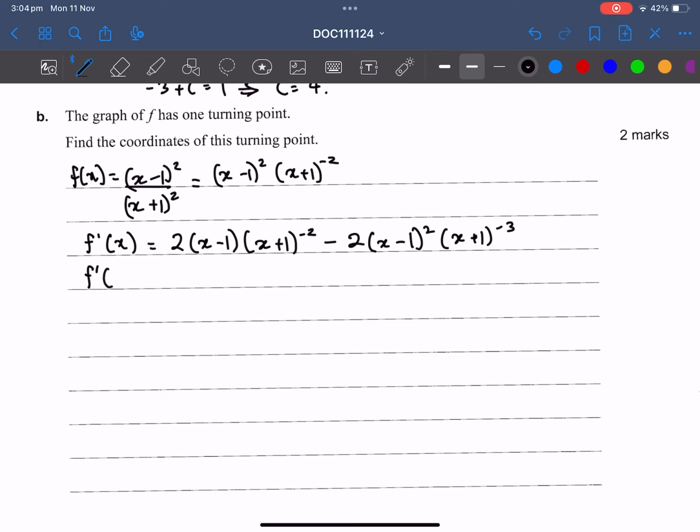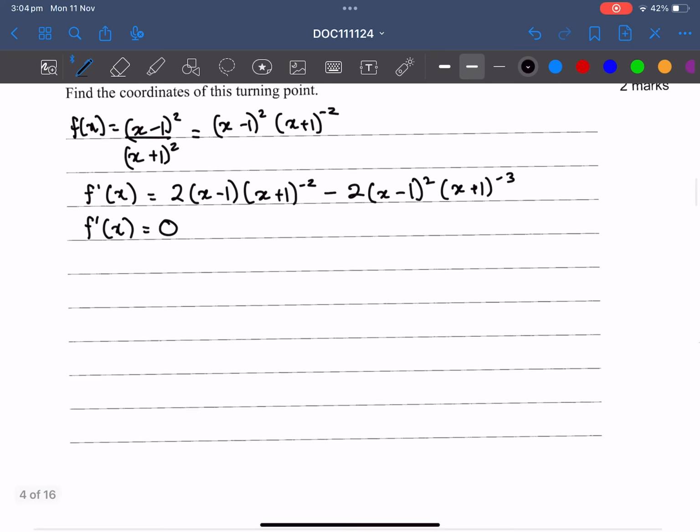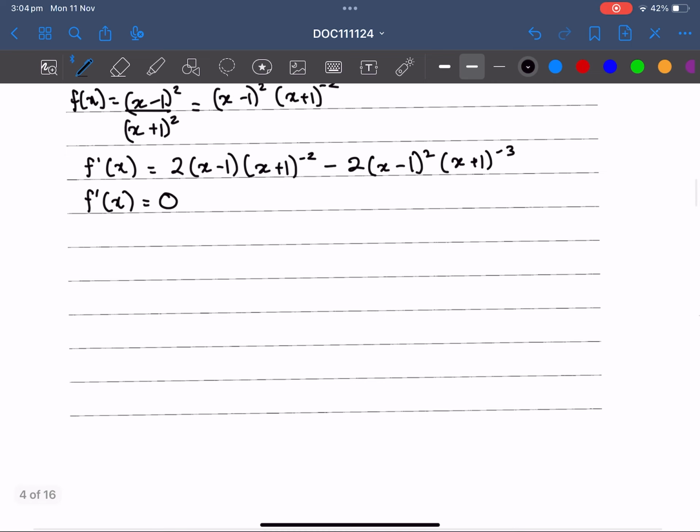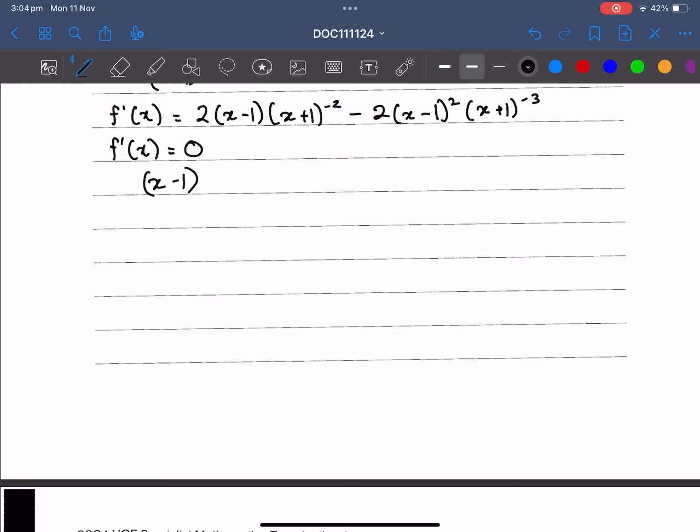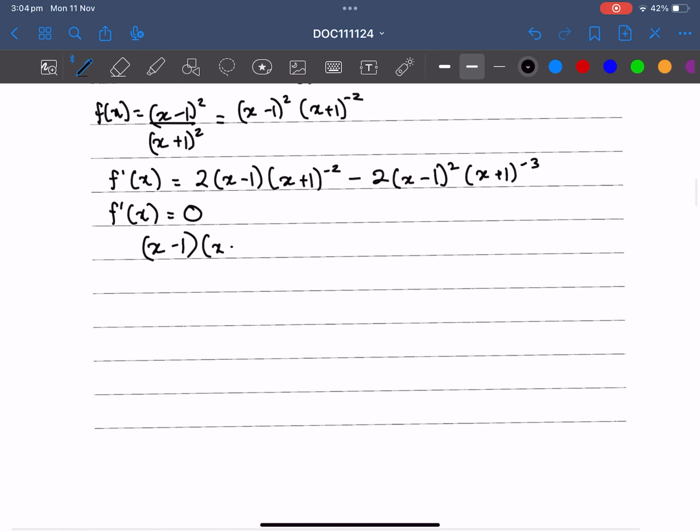Yeah, okay, so now we just have to set this equal to 0. So (x minus 1)(x plus 1) to the power of minus 2, take away (x minus 1) whole squared (x plus 1) to the power of minus 3, has to be equal to 0.